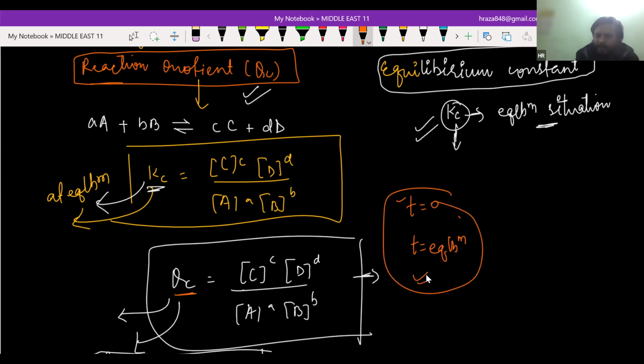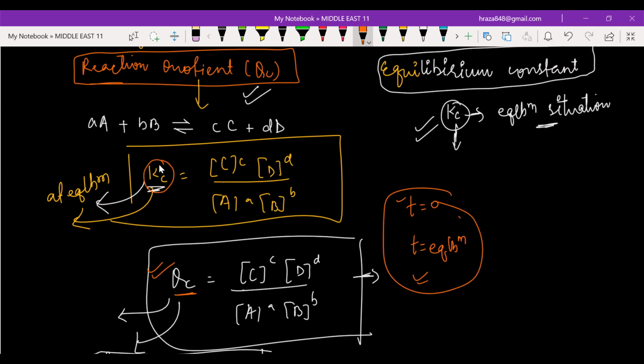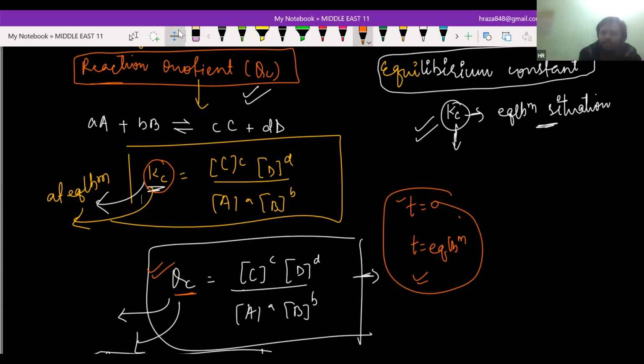In this duration of time it is represented by Qc. And whenever Kc is written, that means the situation is at equilibrium. Is that correct? Yes, sir. Just write it and let me know if you're done.